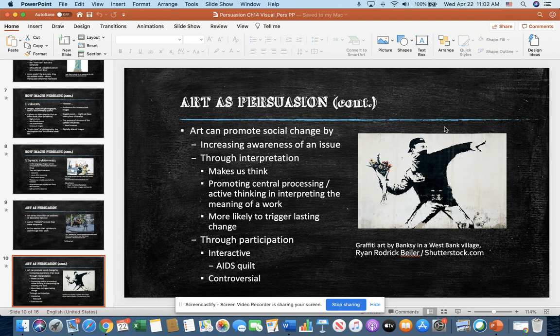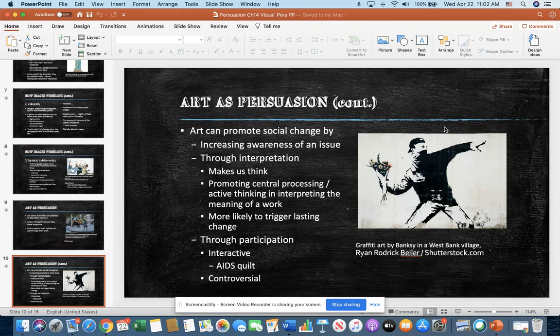That's one way that we become aware of an issue, that we are called to interpret the pictures. And when a picture is given like this, or a statue, or something else, it makes us think. And if we remember our elaboration likelihood model, thinking is promoting central processing, or what they also call active thinking, in interpreting the meaning of a work.